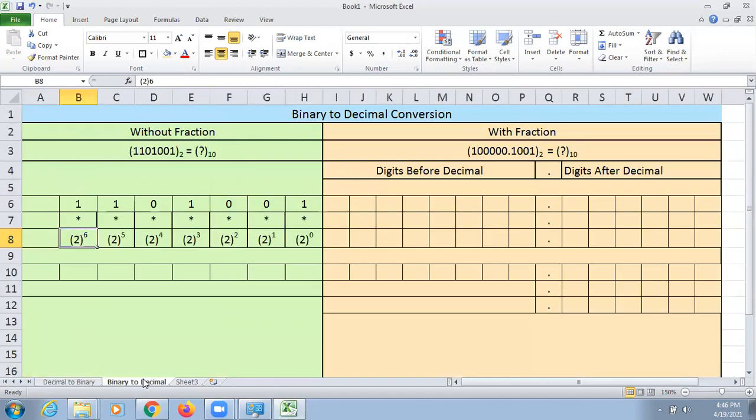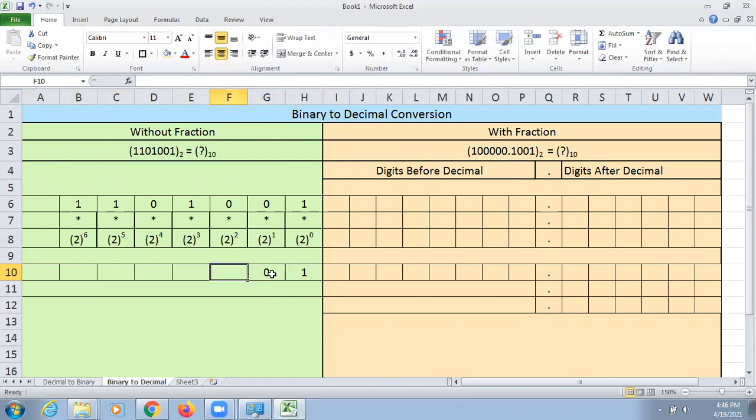So let's start now. I told you that any number raised to power 0 is 1. So 1 multiplied by 1 is 1. Now 2 raised to power 1 is 2. 2 multiplied by 0 is 0.